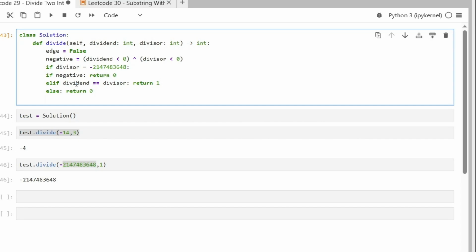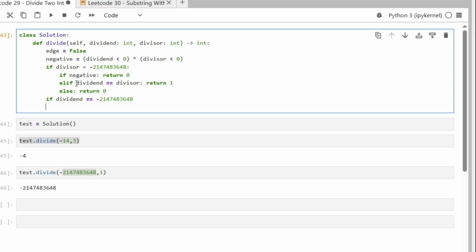So now we come to another edge case solution, and which is, I should put this here actually, else, yeah. If dividend equals this number in negative again, and, why I put it here, we already, this is for dividend.